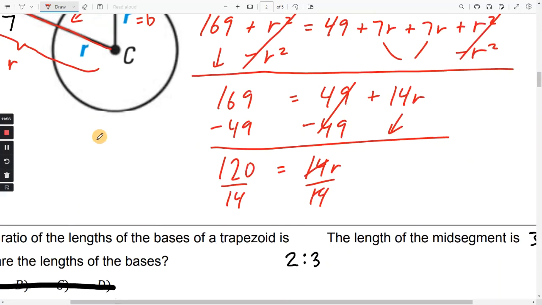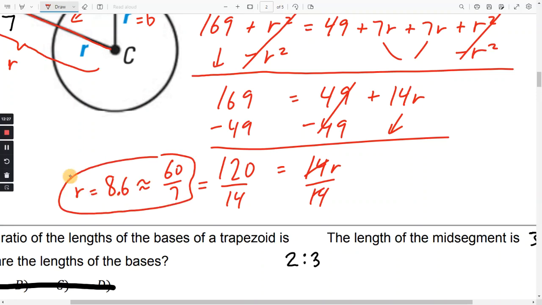Okay, I'll probably have decimals for the multiple choices, but if you wanted to reduce, this would be divided by 2, that's 60 over 7. But as a decimal, 60 divided by 7 is approximately 8.6. So that is the value for r.